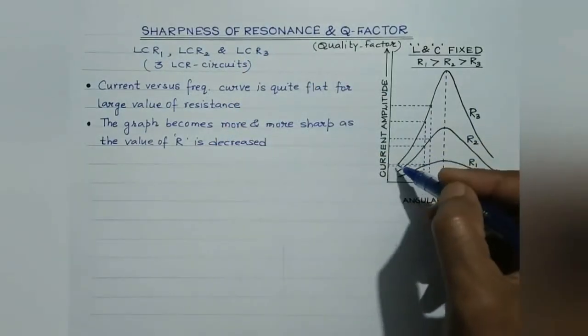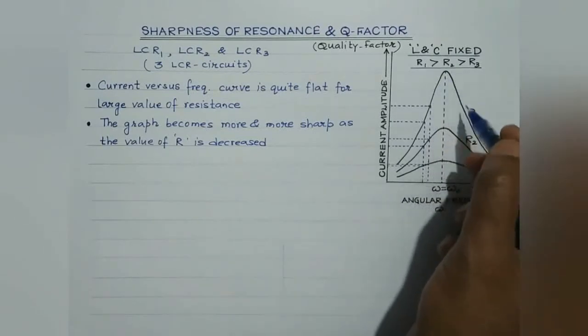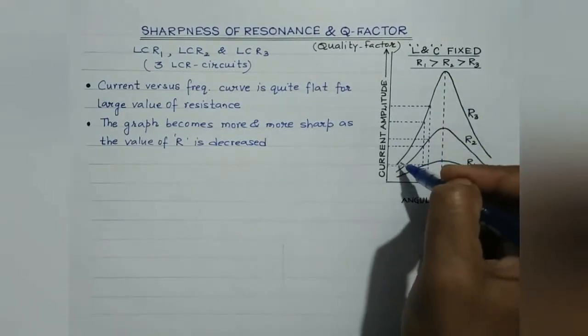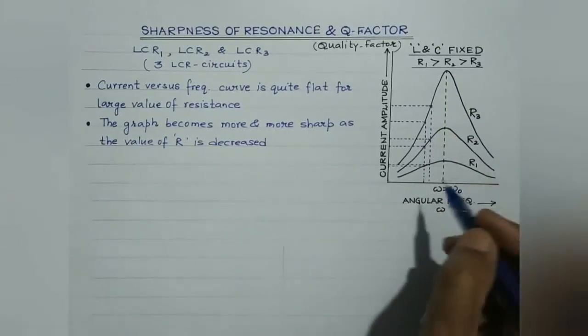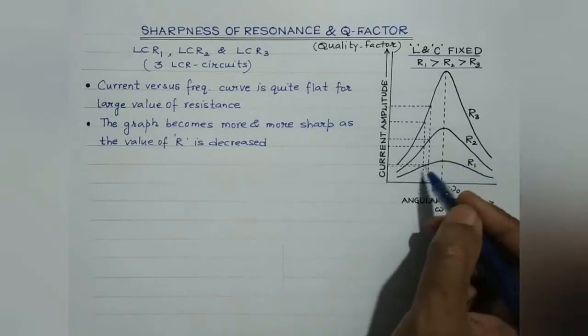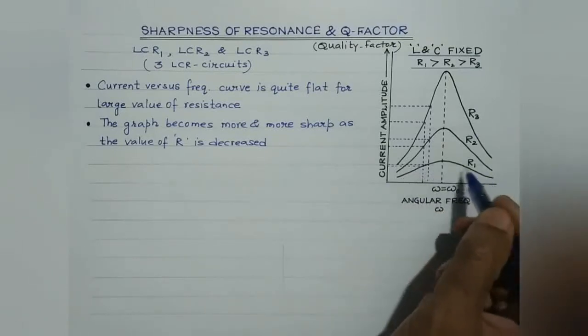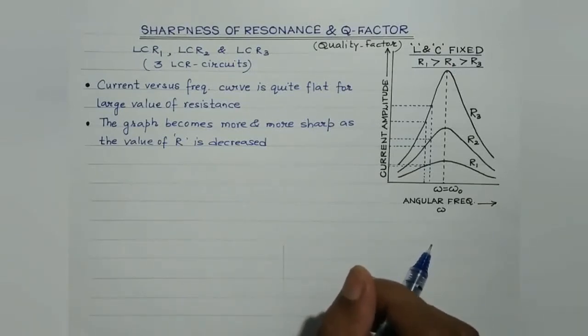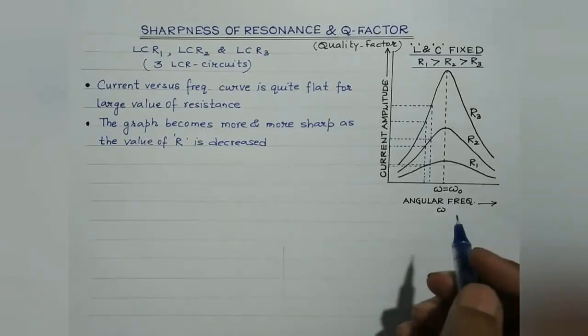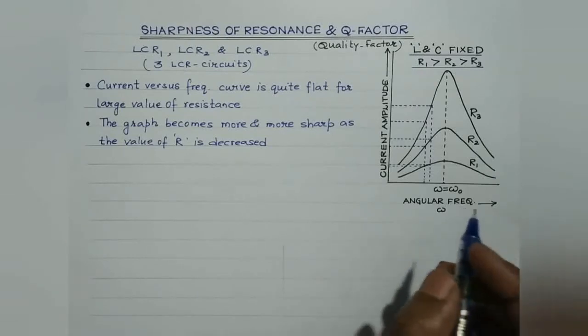So in this case, the graph is sharpest, that is, amongst the three, this is the graph which is maximum sharp, isn't it? While for the LCR circuit having maximum value of resistance, the graph is quite flat. Further, from these graphs, it follows that when the resistance in the circuit is low, then with a little change in the angular frequency, the current in the circuit changes by a large amount in comparison to what happens in the case when the resistance in the circuit is high.